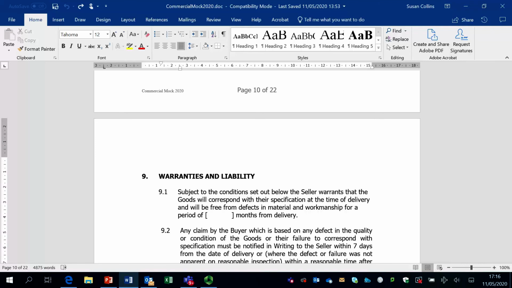to satisfy section 3, and the specific exclusion in terms of like varying section 14 here needs to satisfy the requirements of section 6 of UCTA. So sections 3 and 6 of UCTA, and both of those require that any such exclusion has to be reasonable.